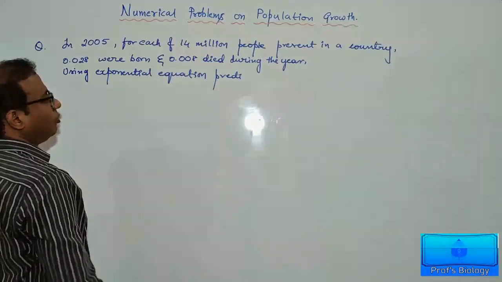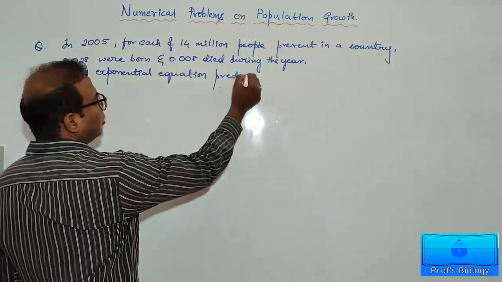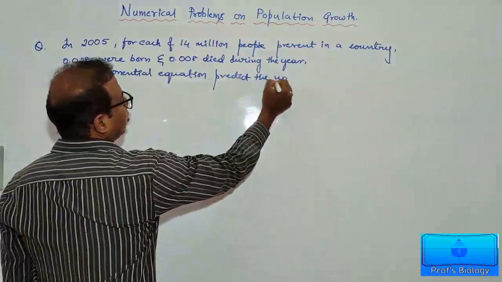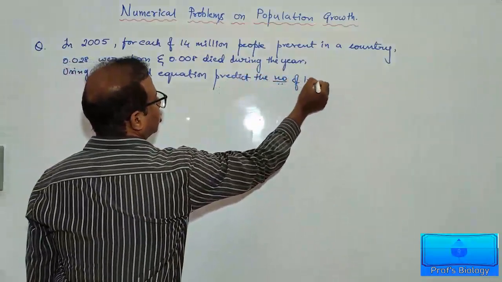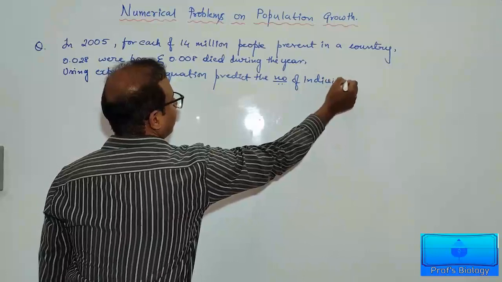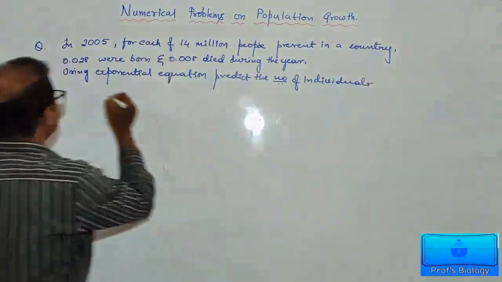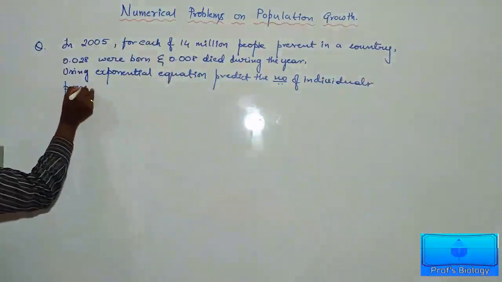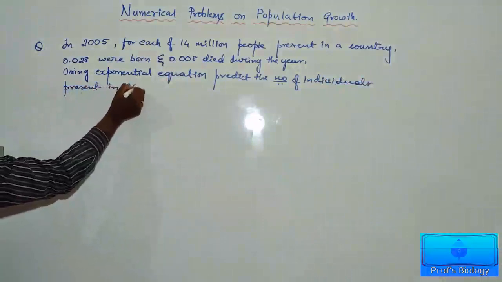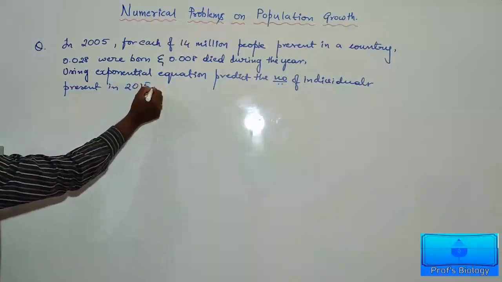Using exponential equation, predict the number of individuals present in 2015.